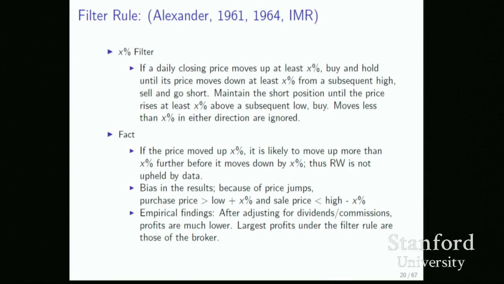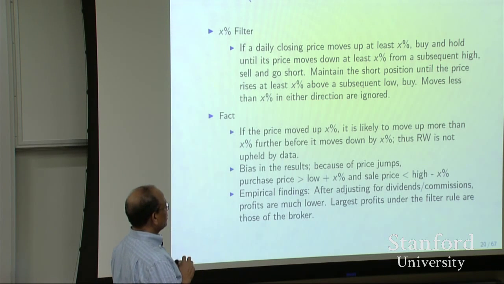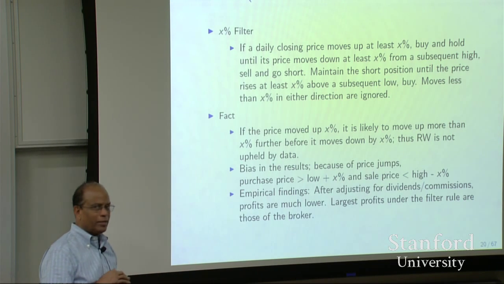Is it a contrarian rule or a momentum rule? It's a momentum rule, right? So that's what they've done. And then there are some additional constraints you can put. Maintain the short position until the price rises at least X%, and then moves less than X% in either direction is ignored. So if you go through this, you can see this is a very simple rule to implement.